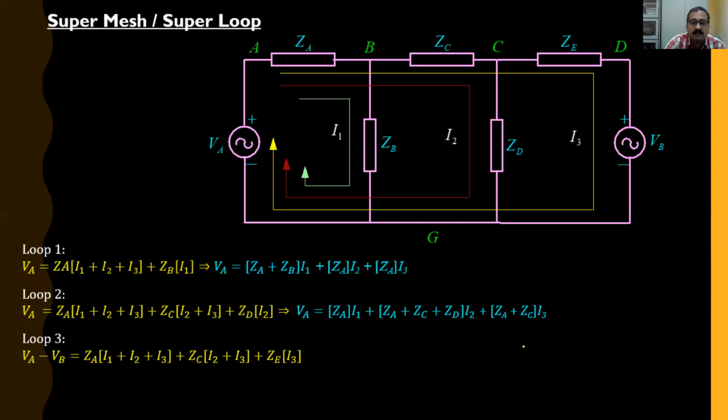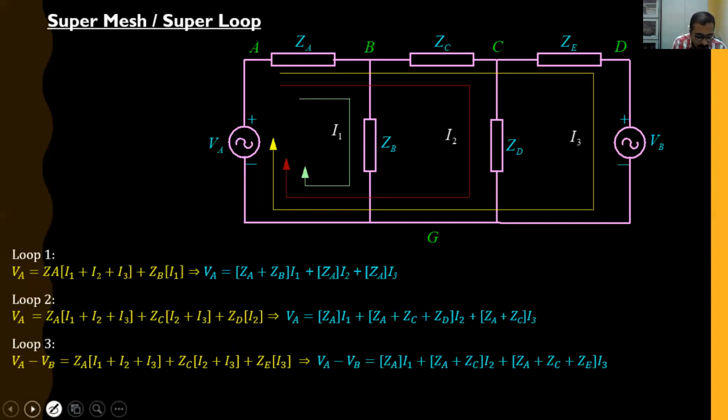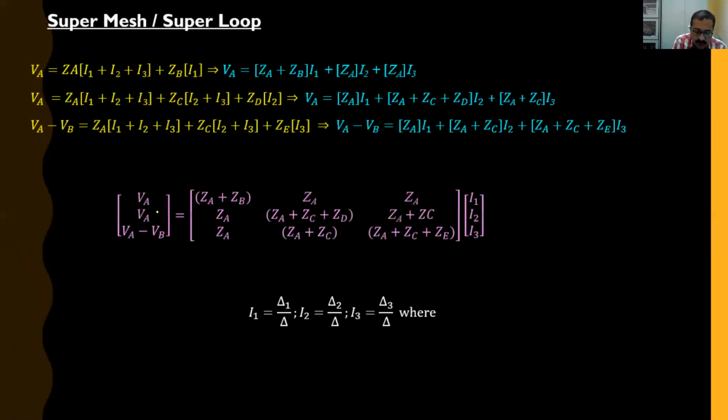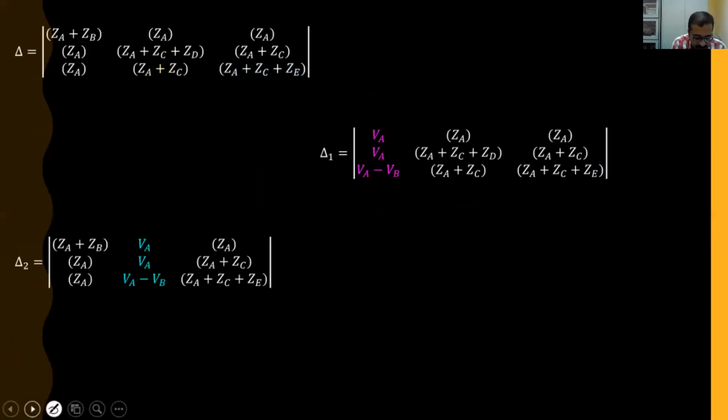Then you can rearrange I1 terms together, I2 terms together, and I3 terms together. Now it is as usual, you can have a matrix with VA minus VB, and you can apply Cramer's rule.